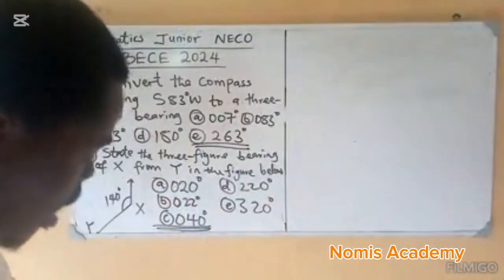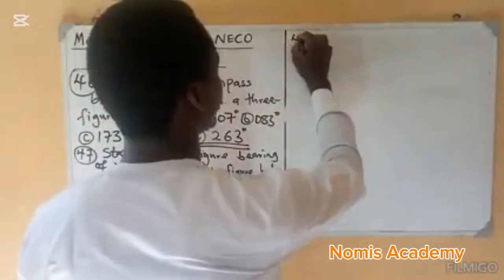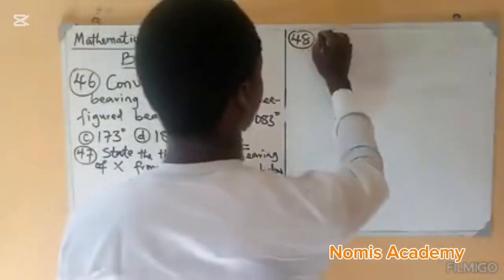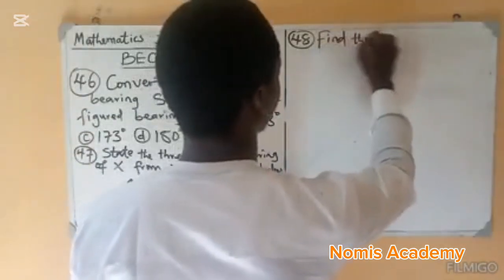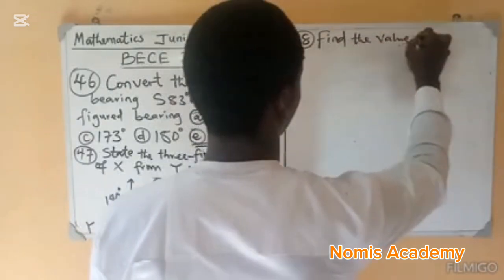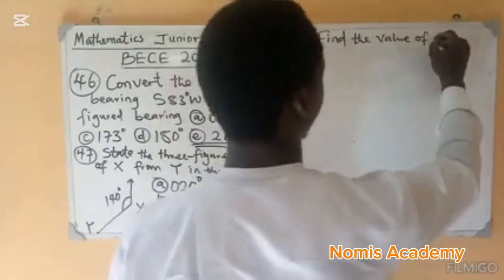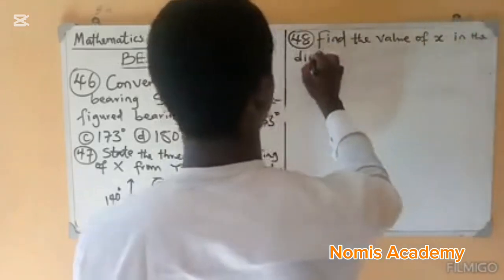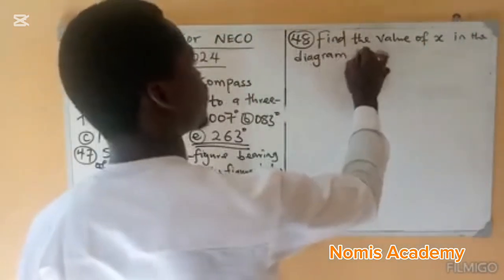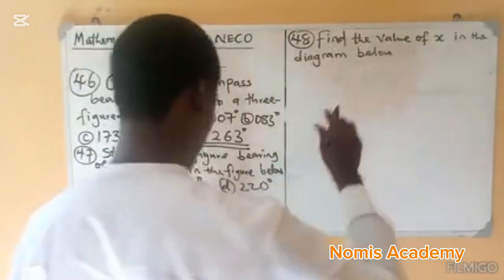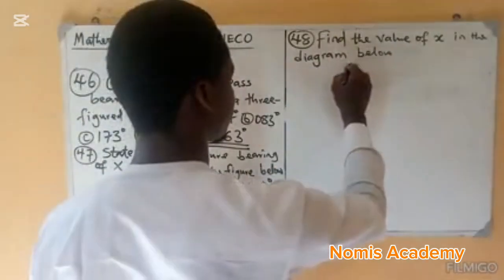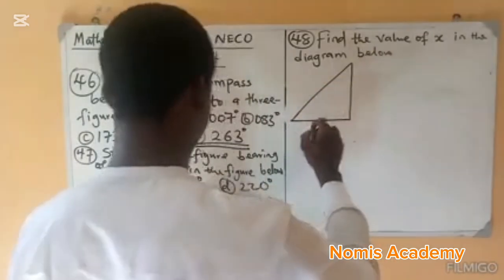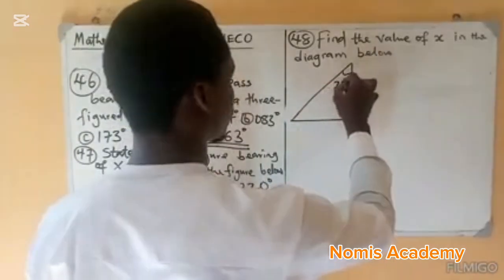We have question number 48. It says, find the value of x in the diagram below. So we have the diagram as this. This angle is 30 degrees.